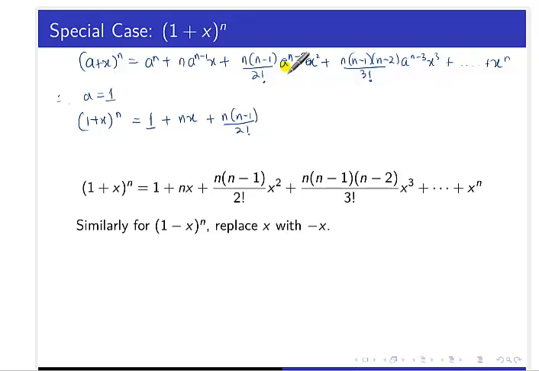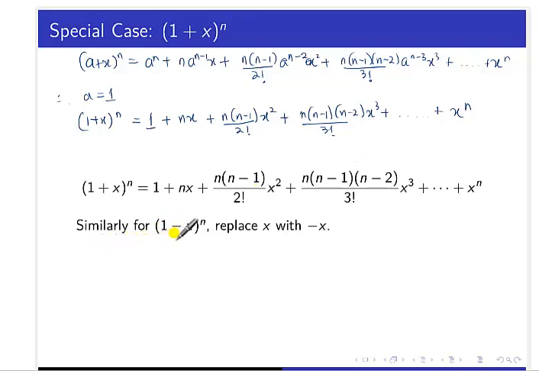In this case, 1 to the power n minus 2 is also 1. So we are left with x squared plus n minus 1, n minus 2, all on 3 factorial. And then 1 to the power n minus 3 is also 1. So we have x cubed plus, up to the last term, where we have x to the power of n. So this becomes a special case where e is equal to 1.